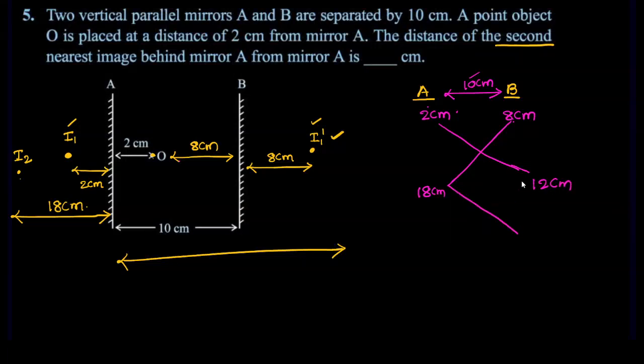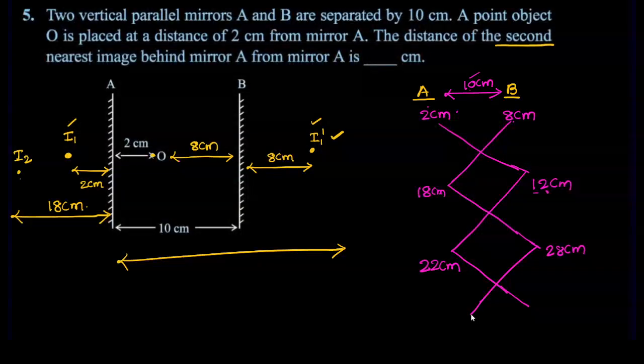Next again we continue. 12 plus 10 comes to 22 centimeters. Next this will continue. This is 18 plus 10, which is equal to 28 centimeters. Like this we will continue. Understand this?